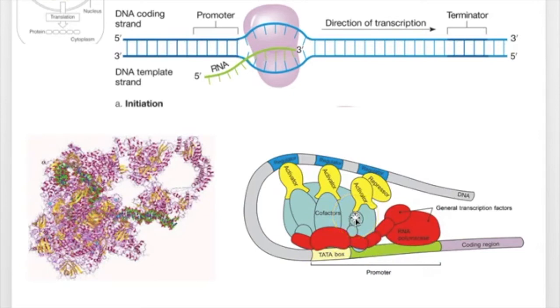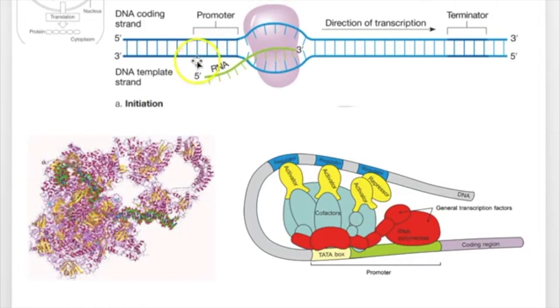So for right now, as we're going through the generalized description, you're just going to kind of see this lump that represents RNA polymerase. But keep in mind that it's vastly more complex than that, and we're going to be talking about that in more detail when we talk about transcriptional regulation.